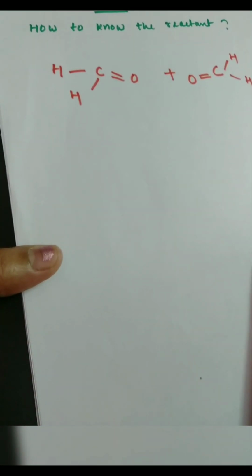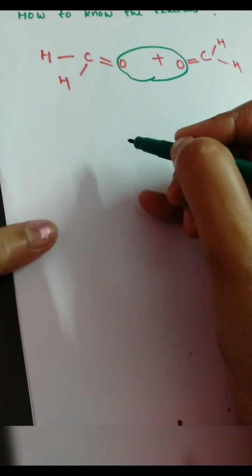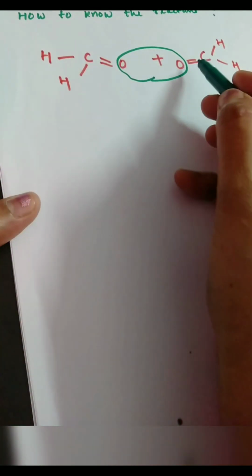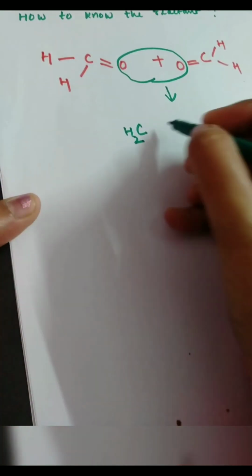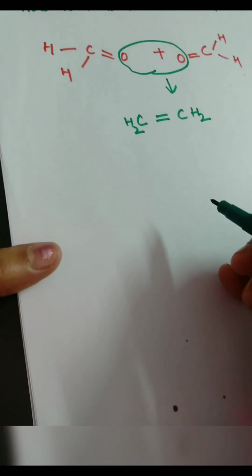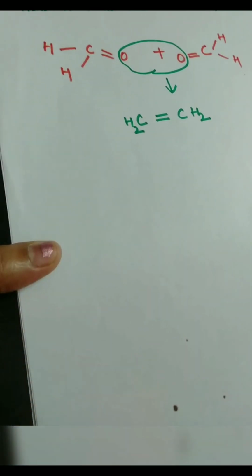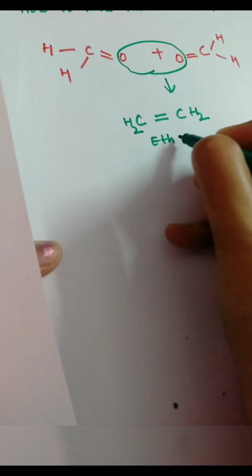Now what you will do, remove the O2 here, and attach these two carbons by the double bond: CH2 double bond CH2. So you will get the alkene. What is the alkene? The alkene is ethene.